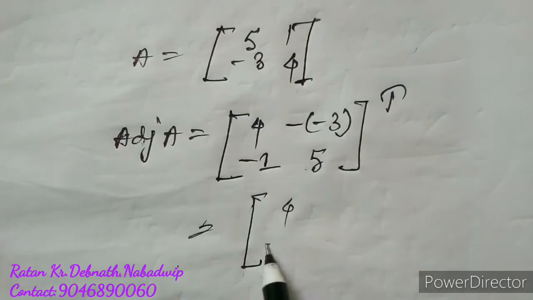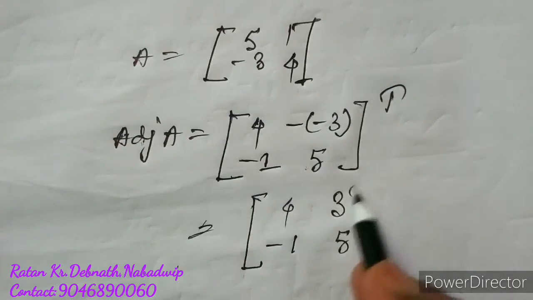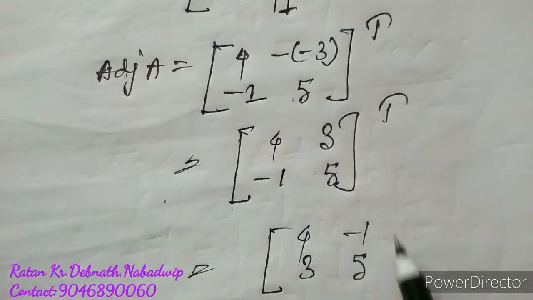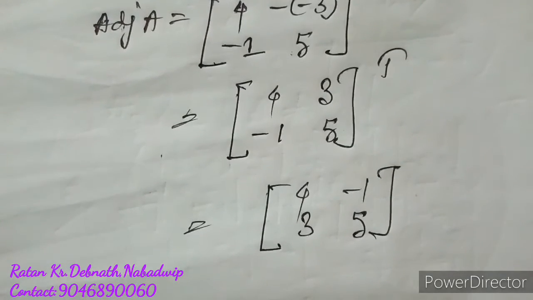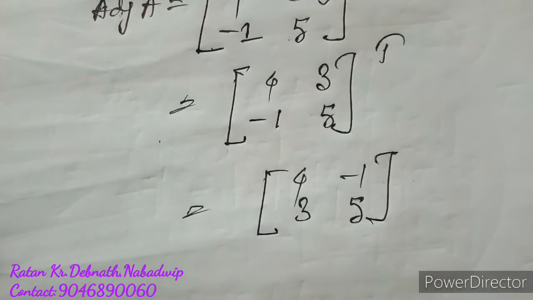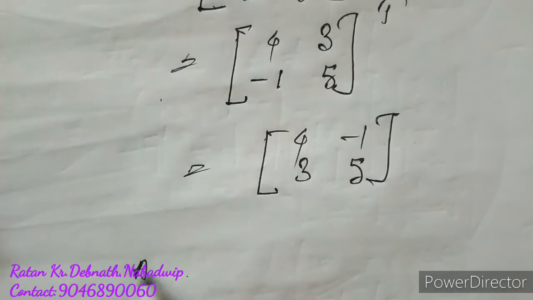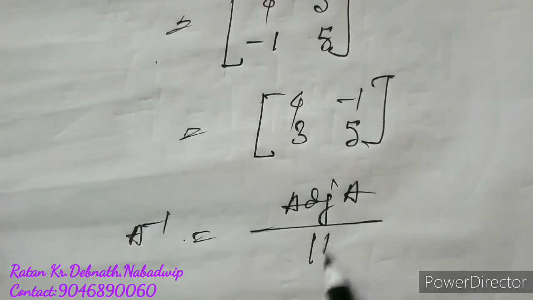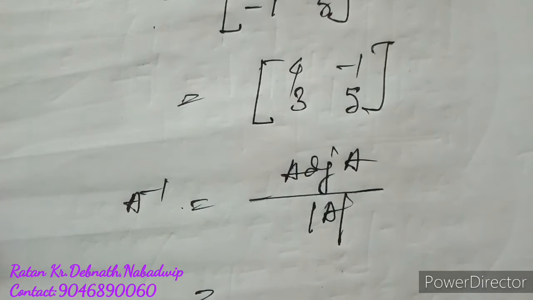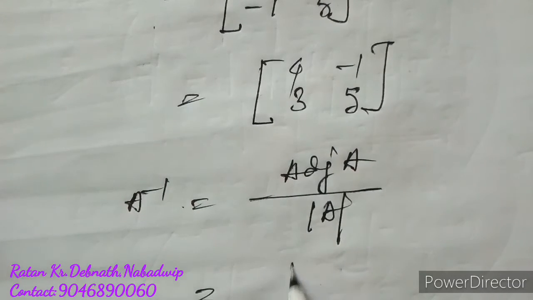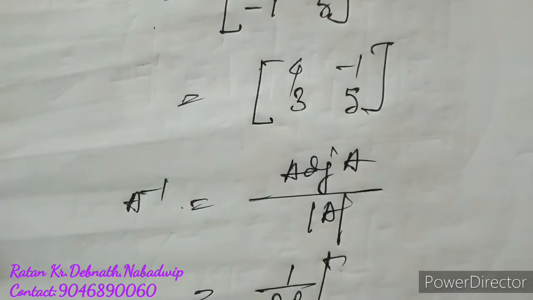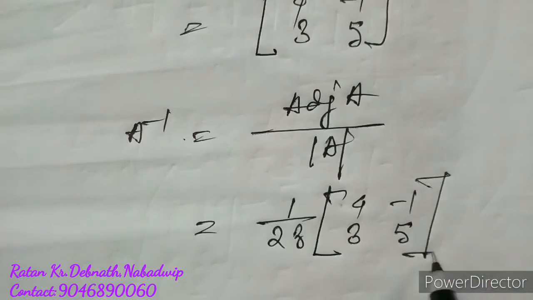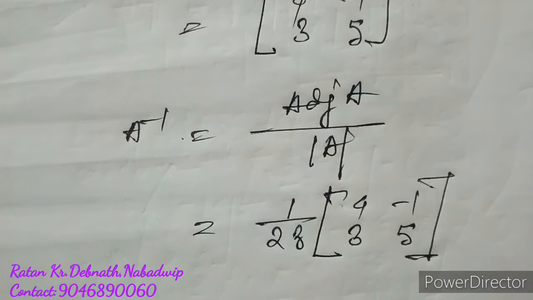Therefore 4 -1 3 5, transpose of this equal to 4 3 -1 5, which is the adjoint of A. Now A inverse equals adjoint of A by determinant A. We got determinant A as 23, so 1 by 23 times 4 3 -1 5 is the required inverse.